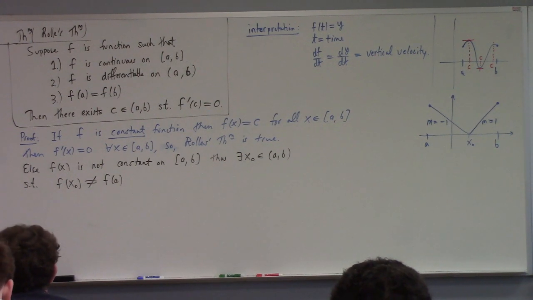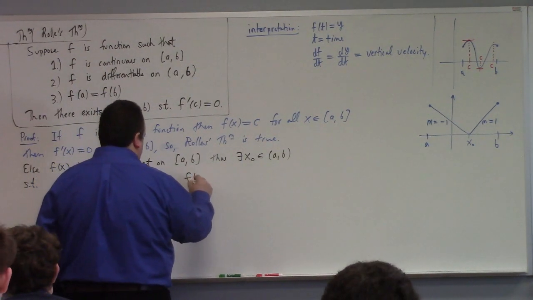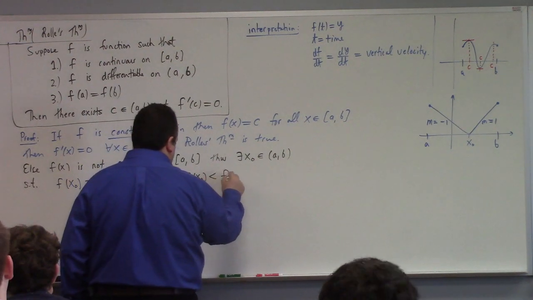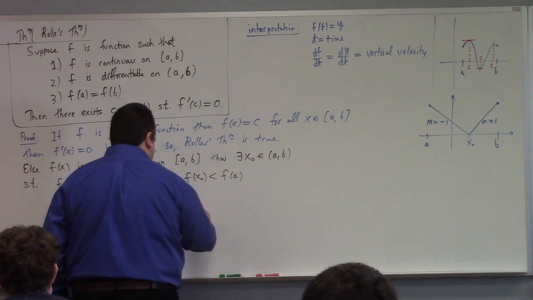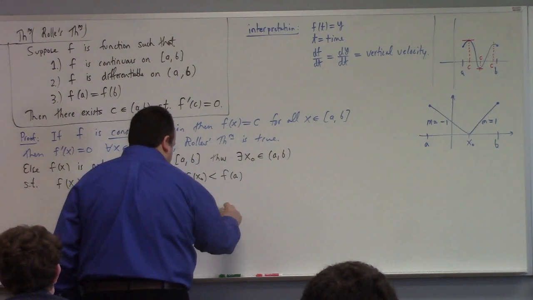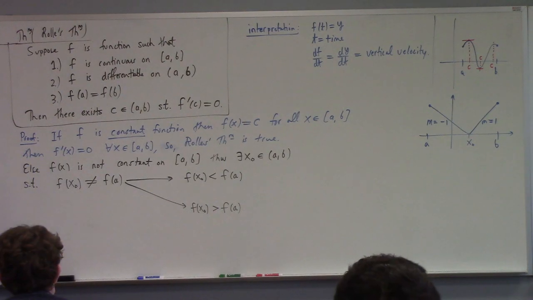What are the two cases then? Either f of x naught is less than f of a, or f of x naught is greater than f of a.